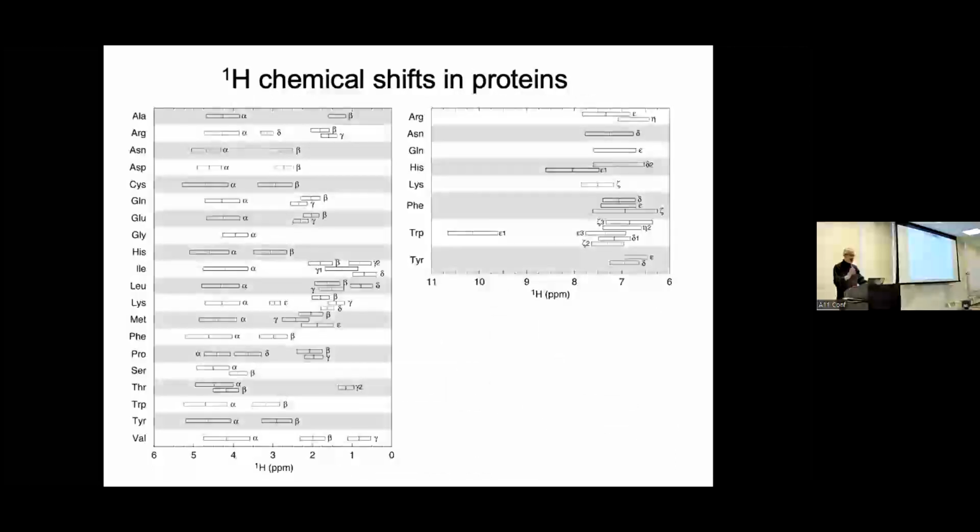And now up at BMRB, there's lots of data on the chemical shift ranges that you expect for hydrogens and carbons, etc. for the amino acids. There's a somewhat smaller database for nucleic acid shifts because the nucleic acid NMR spectroscopists aren't as good at depositing their shifts.